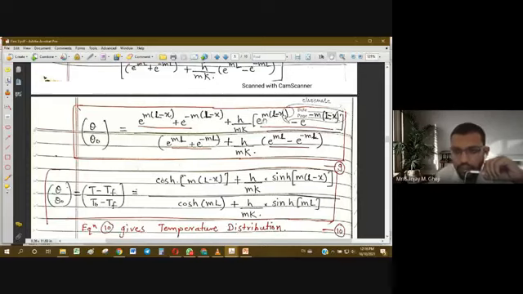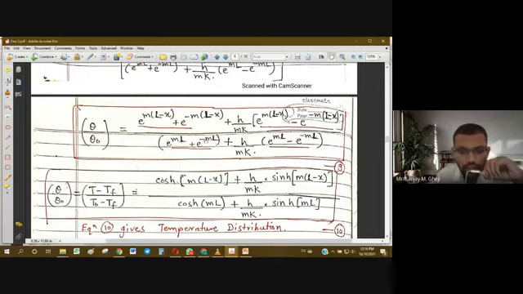So this term, e raised to m into (l minus x) minus e raised to minus m into (l minus x), as there is a minus sign, will be sine hyperbolic of m into (l minus x). The same will happen at the bottom, only the variable will be ml.